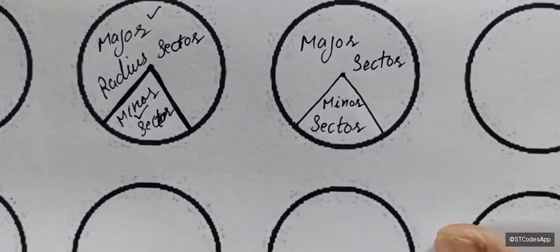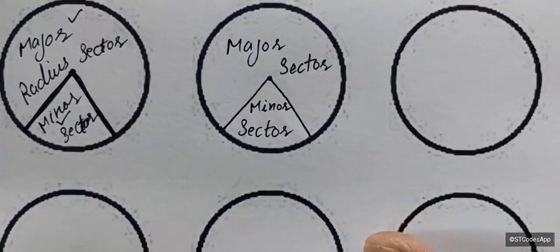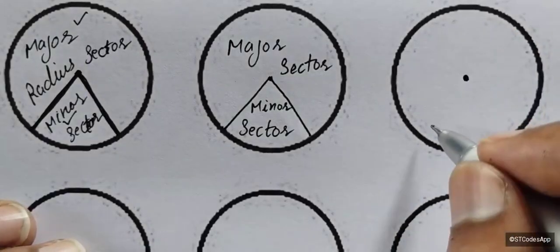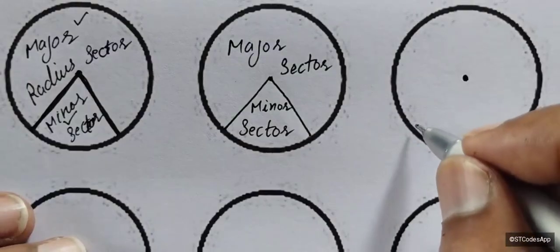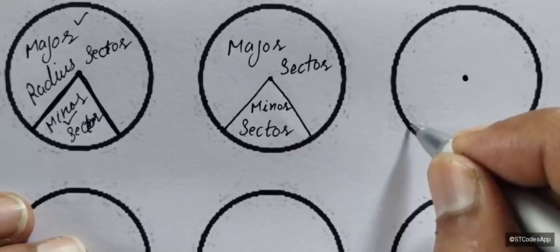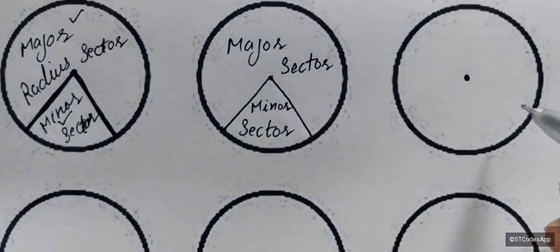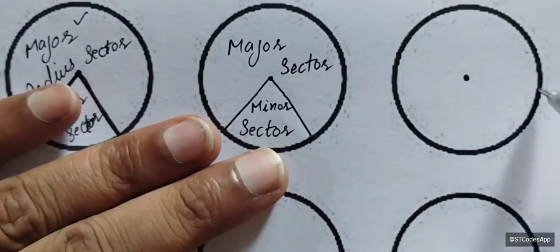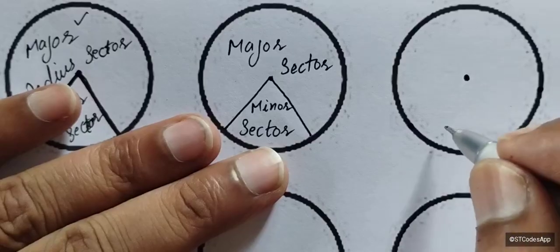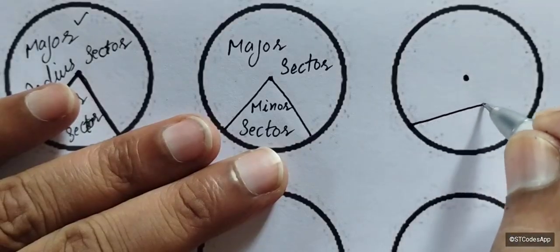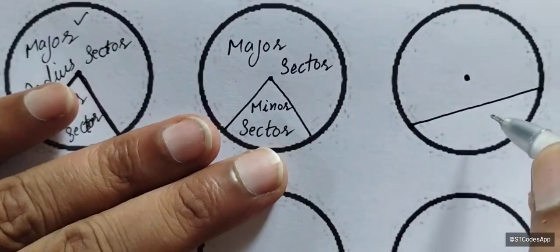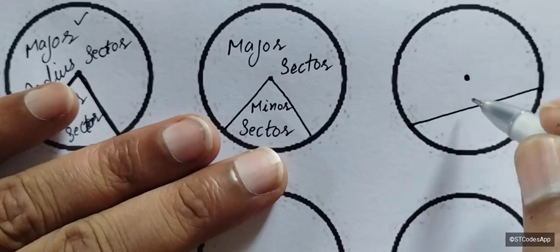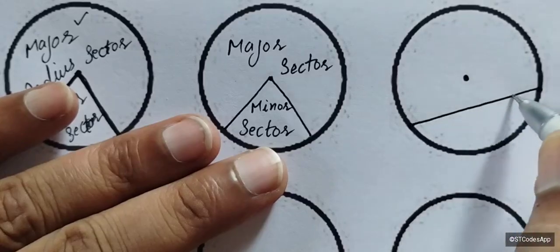Next, this is our center. If we take any two points on the circumference and join them like this, the line I have drawn is not touching the center; it is going away from the center.